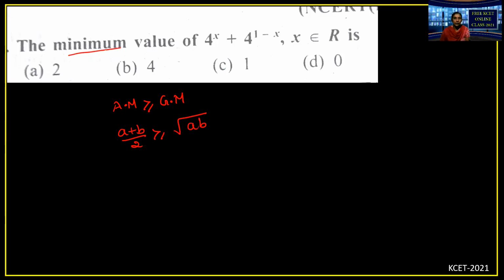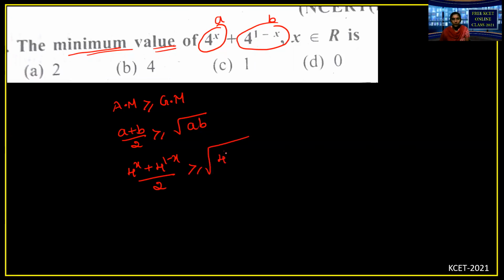Now I want to calculate the minimum value of 4 power x plus 4 power 1 minus x. So let us call 4 power x as A and 4 power 1 minus x as B. Now apply it to the formula. So we get 4 power x plus 4 power 1 minus x divided by 2 is greater than or equal to the square root of 4 power x into 4 power 1 minus x.